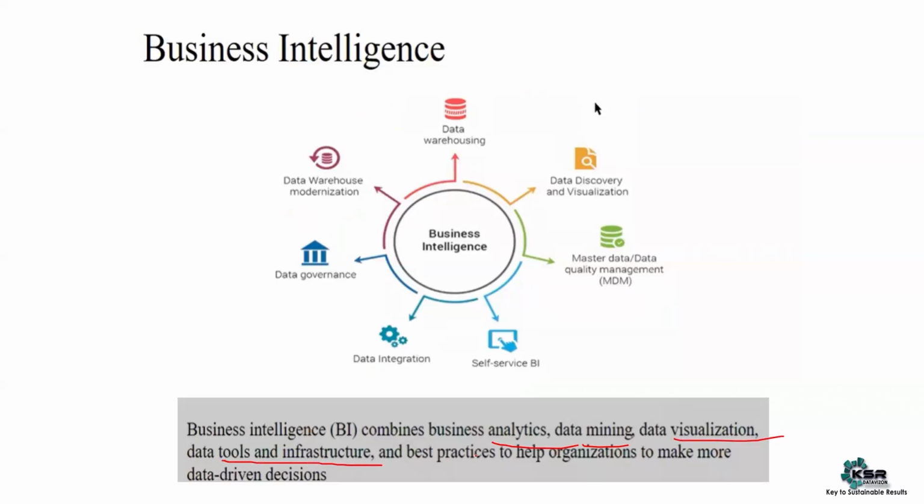And with a combination of all this, this will help organizations to make more data-driven decisions. So this is how business intelligence, data analysts, and Power BI will have an impact on the current world.